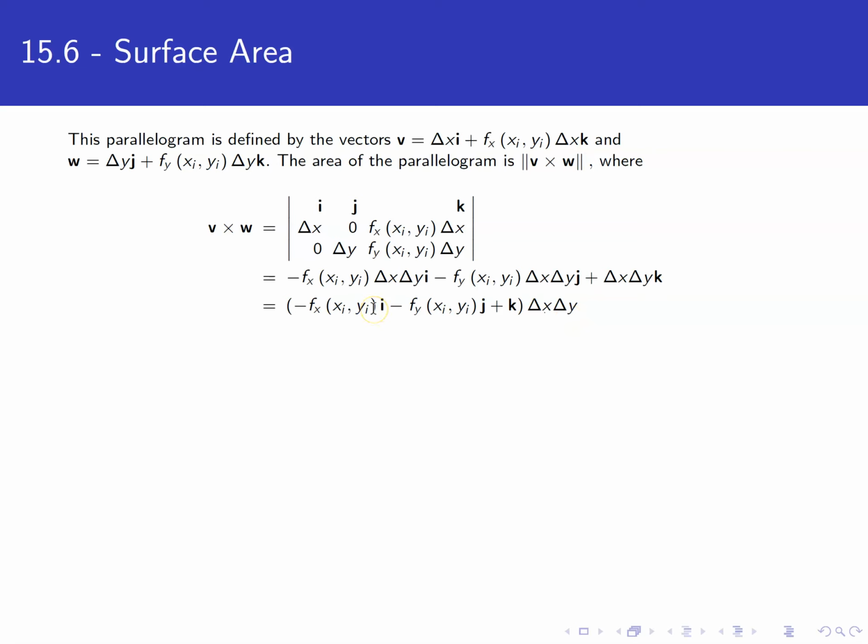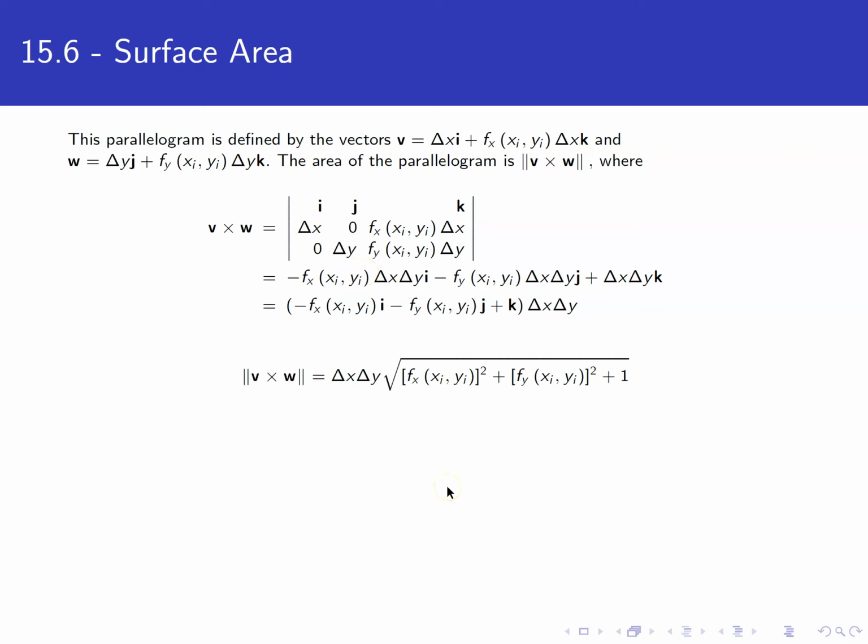On the i term, we will just multiply together the delta y times the f sub x delta x. We factored out the delta x delta y, so we're just left with a negative partial with respect to x. Likewise, you'll get a negative partial with respect to y times the j, and then just a 1 times the k. And you can see that here pretty quickly when you just multiply the delta x and the delta y together.